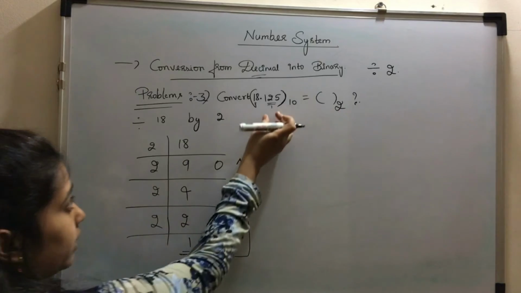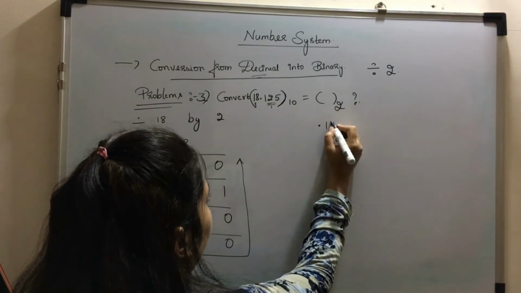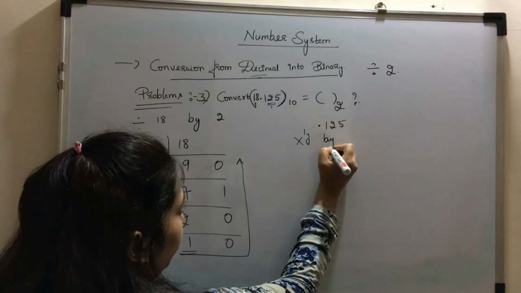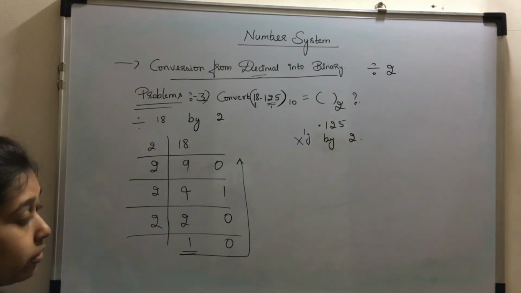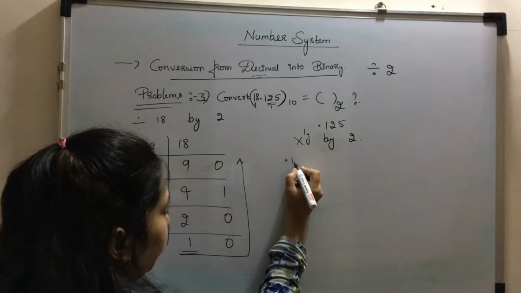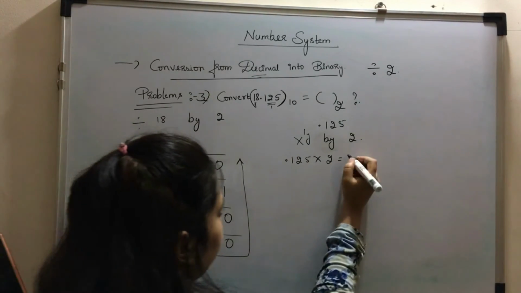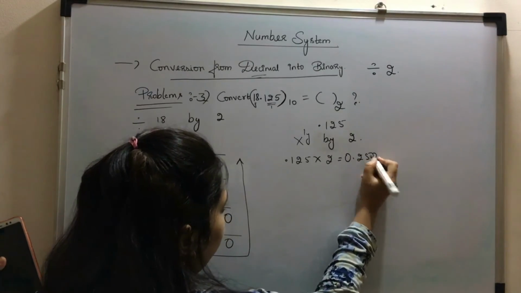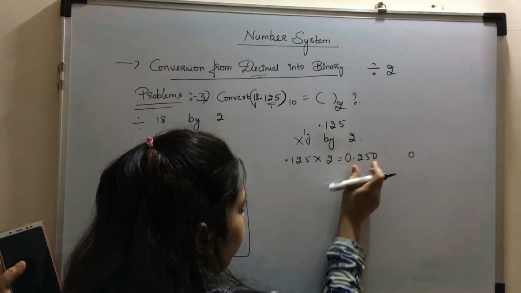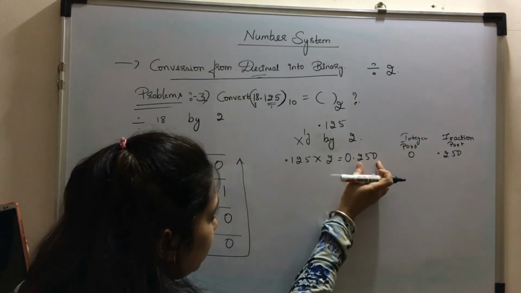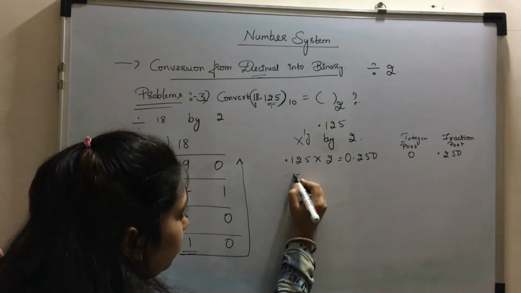And next the fraction part is 0.125. So we have to multiply this by 2. That is 0.125 into 2, that is 0.250. Here the integer part is 0 and the fraction part is 0.250. So again multiply this 0.250 by 2.